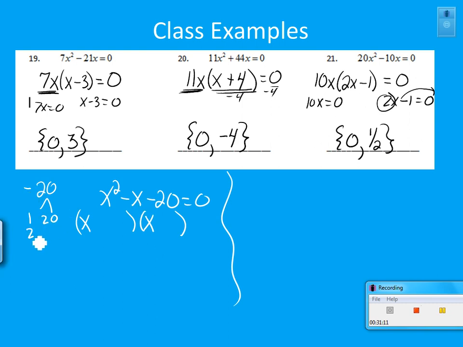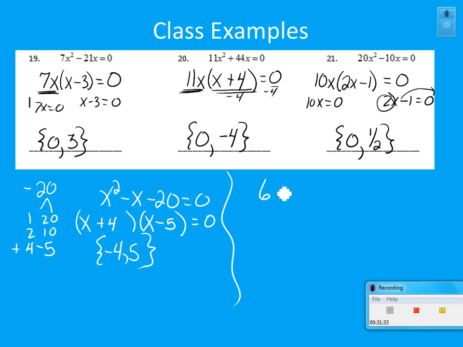So 1 and 20, 2 times 10, 4 times 5. The ones I could make add up to be negative 1 would be a positive 4 and a negative 5. Set each piece equal to 0, negative 4, and 5.